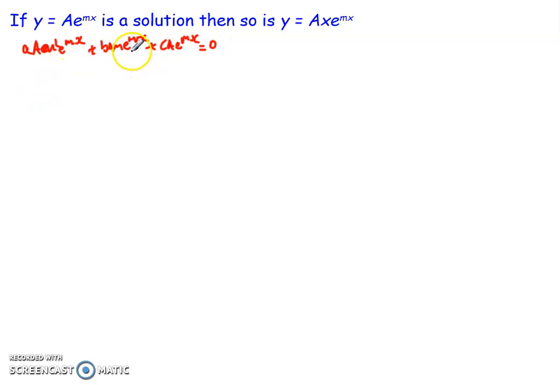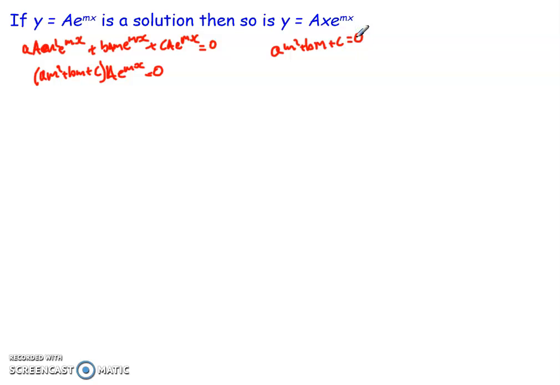Taking out e to the mx and the a as a factor as well, we've got am squared plus bm plus c times ae to the mx equals 0, as we had previously. So for that to be the case, we know that am squared plus bm plus c equals 0. So we know that works.